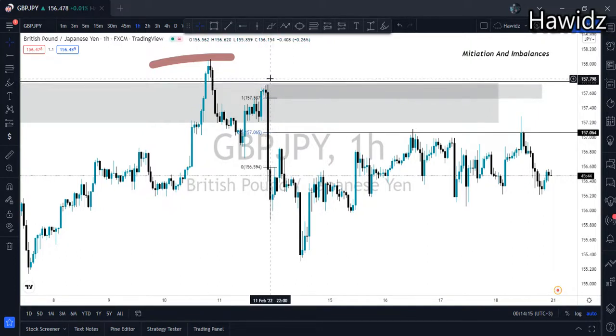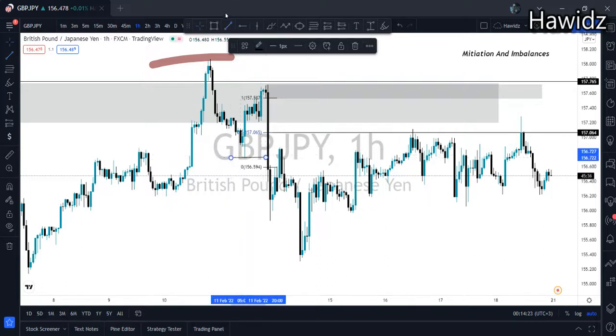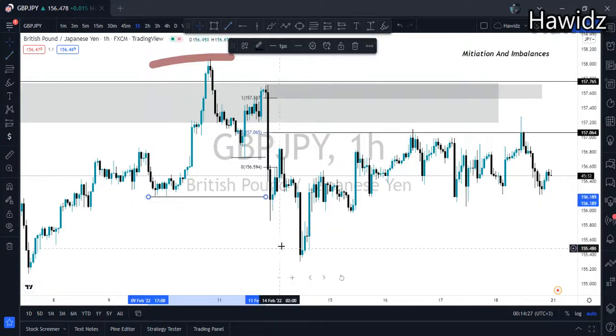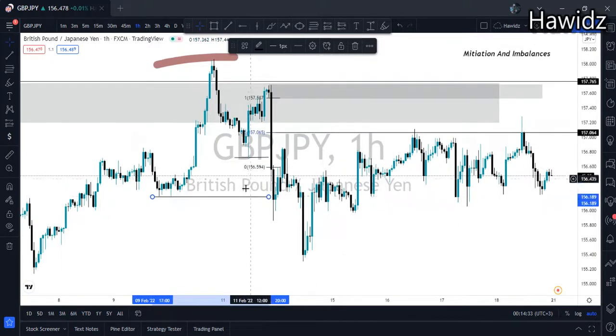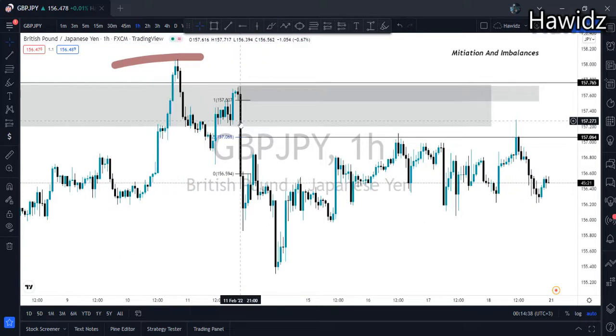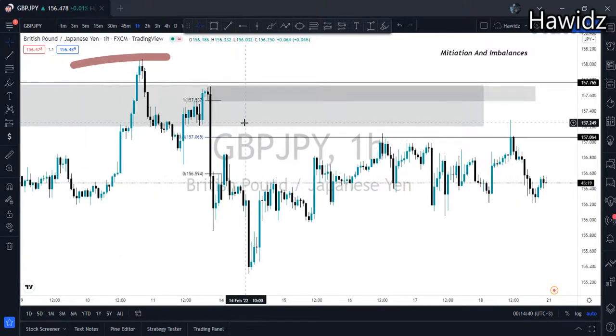Once this lower high was created, price then broke structure right here, based on how we trade. So price broke structure here, but also here, meaning that there's clearly displacement of price to the downside. So what I expect now is where the idea of mitigation and imbalances comes into place.